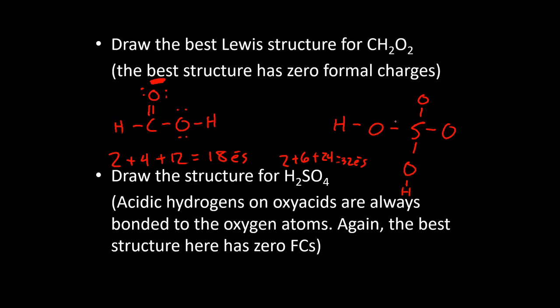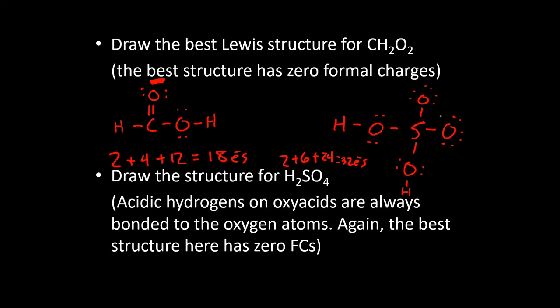If we start putting those in on the oxygens, we already have 2, 4, 6, 8, 10, 12 in the single bonds. So starting from there, 14, 16, 18, 20, 22, 24, 26, 28, 30, 32. We've used up all of our electrons.